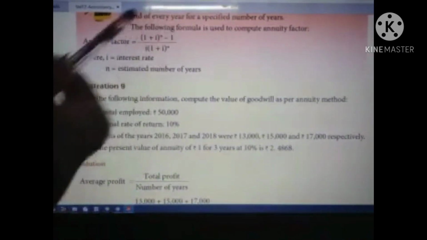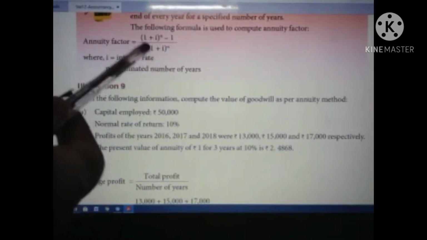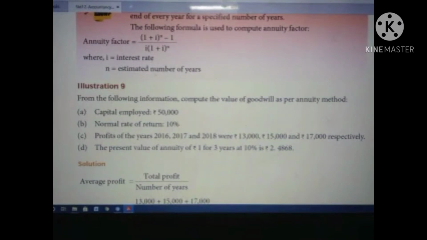If it is not given, you have to find this value through the formula. But here the annuity value 2.4868 is given in this problem, so don't worry. Now we are going to prepare illustration 9: calculate goodwill through the annuity method.